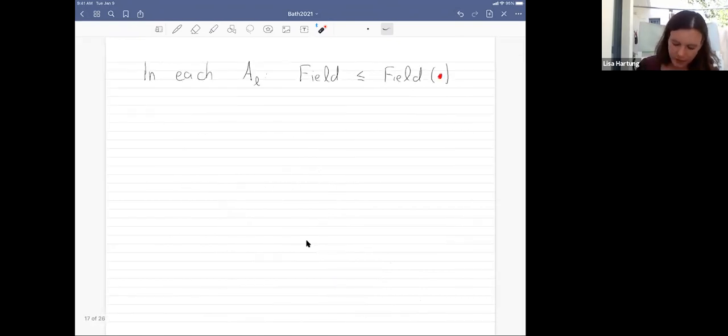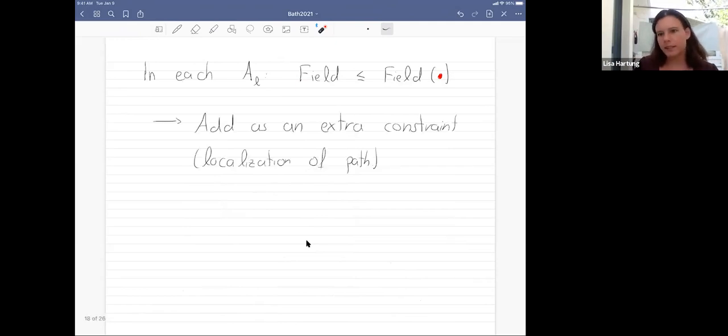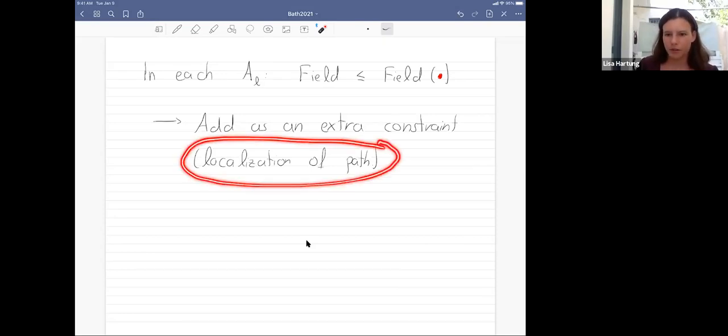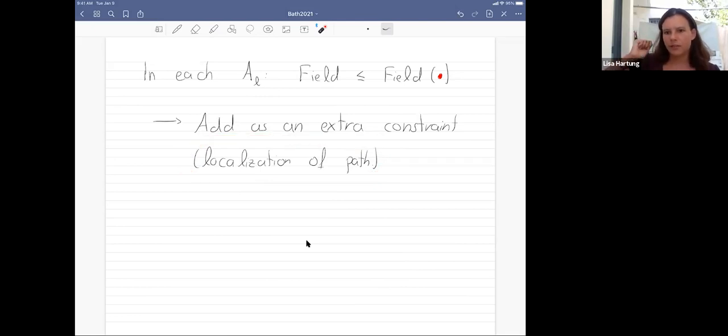And in each of these annuli, you have a restriction that your field should be less than the value that you have at this extreme local maximum. Because you say it's the peak of the mountain, which means that it's the highest point everywhere. So this adds an extra constraint, and this is going to play the role of a localization of the path.